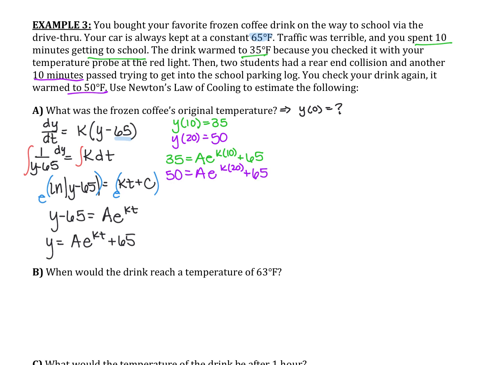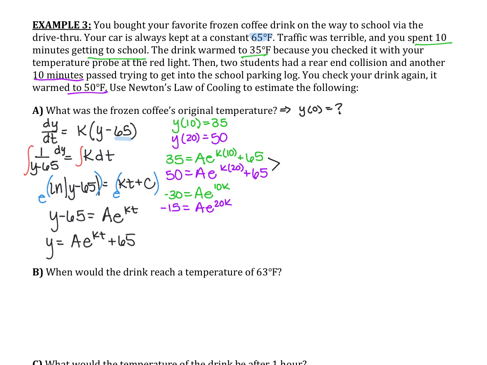What you'll notice here is I don't actually have enough information to solve for them, except that I have 2 equations, which means I have a system. So let's combine these equations. If I subtract the 65 on the green equation, that leaves us with negative 30 equals Ae to the 10k. And if, in the purple equation, I subtract the 65, we're left with negative 15 equals Ae to the 20k.